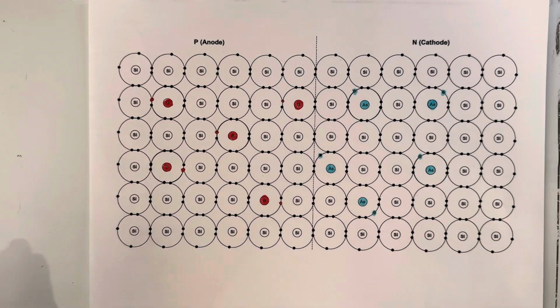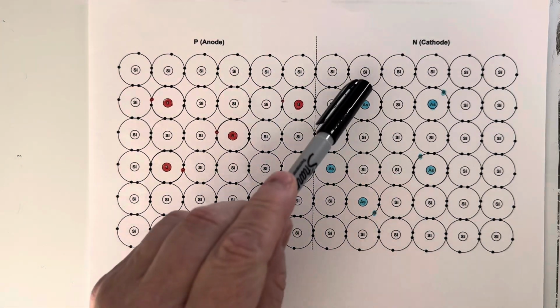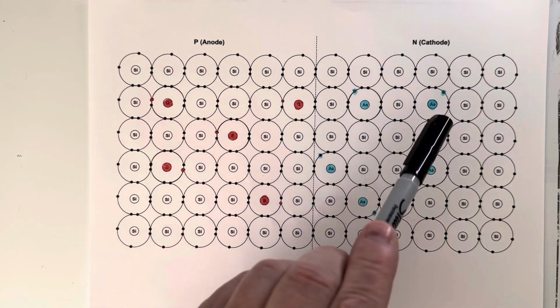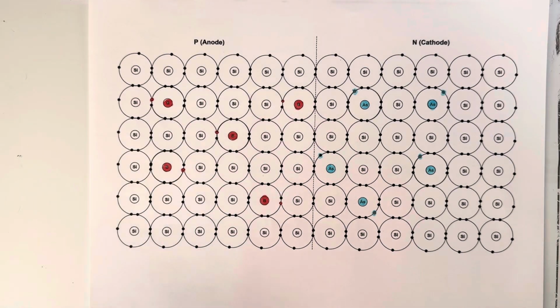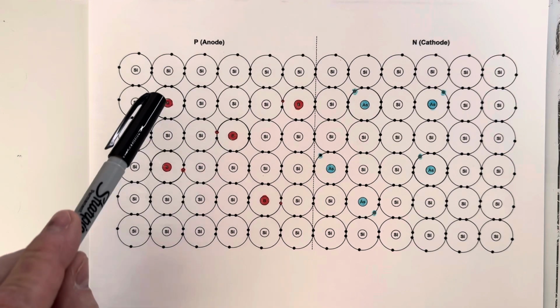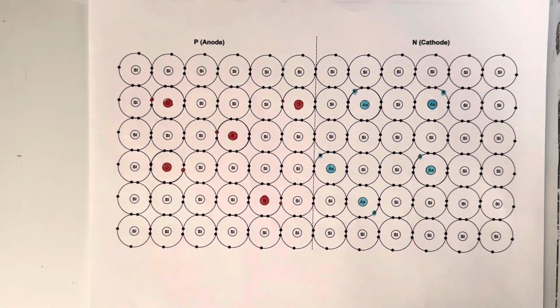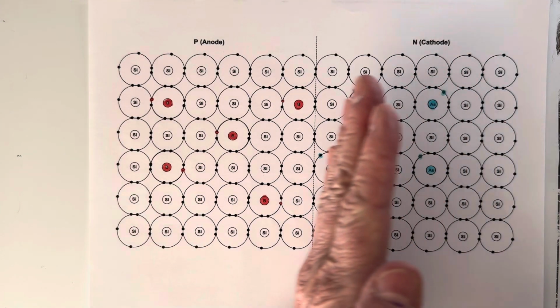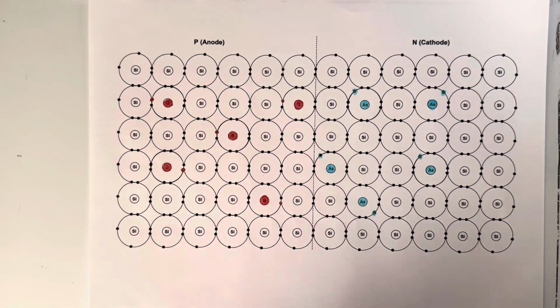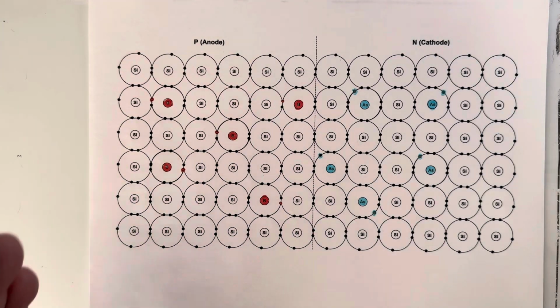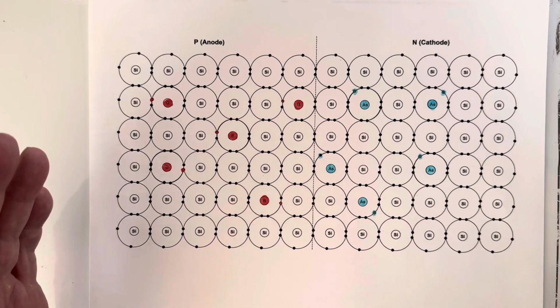Now, what's going to happen here is that we've got all these excess electrons on the N-type side, and we've got an excess of holes on the P-type side. And what's going to happen is that electrons will diffuse to the left, holes will tend to diffuse to the right, and they will recombine. All right, so we get a diffusion current as soon as we form this PN junction.